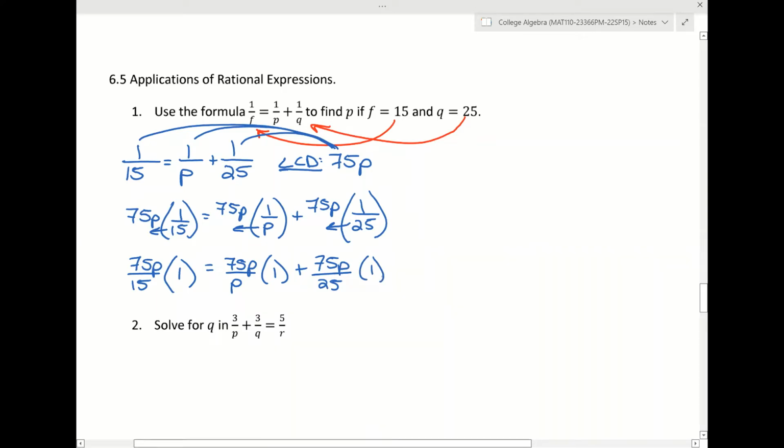So if you don't have factors that cancel out, 75 divided by 15 is just 5. 75p divided by p just cancels. And 25 goes into 75 3 times.